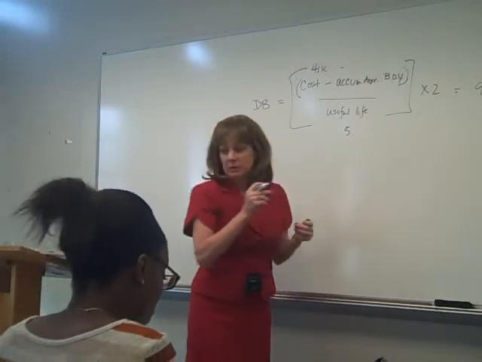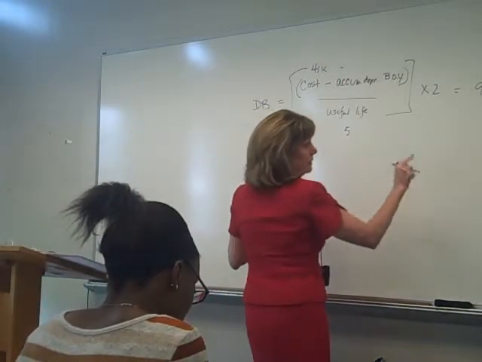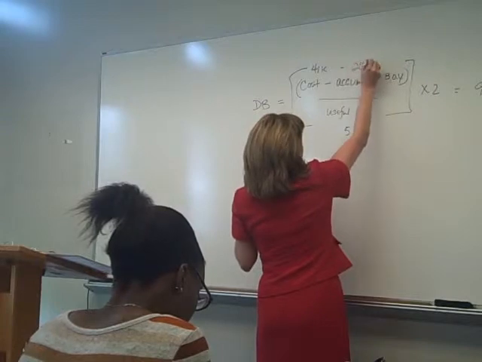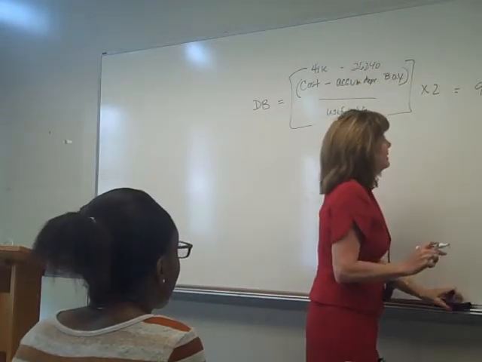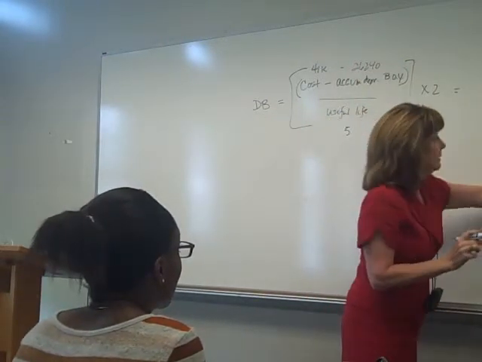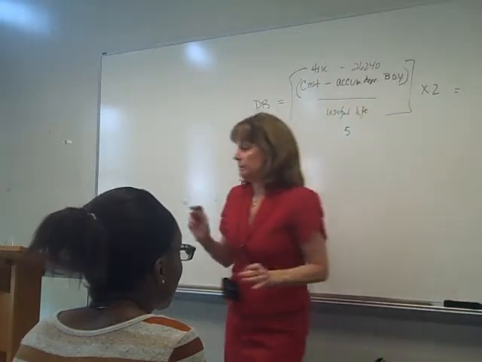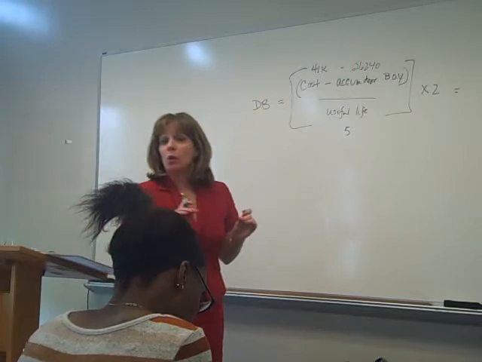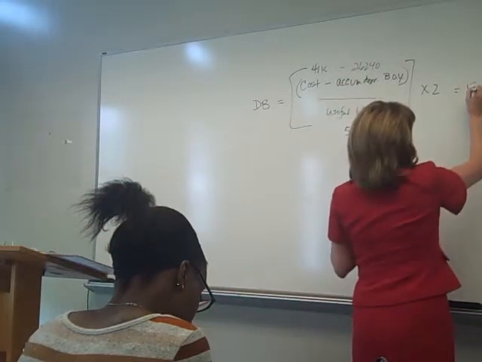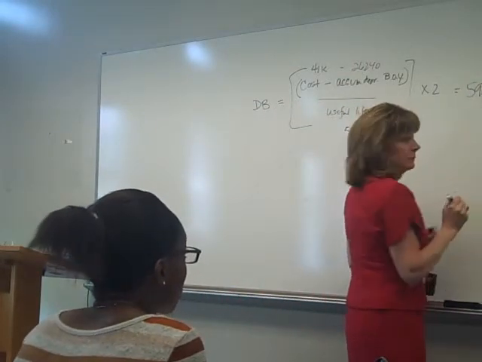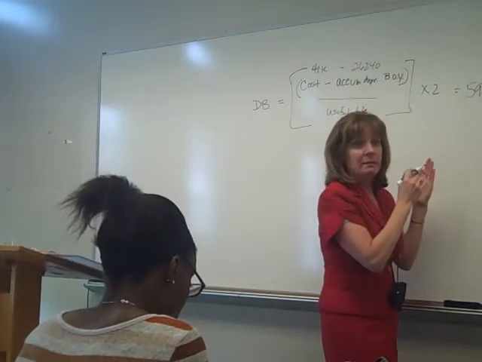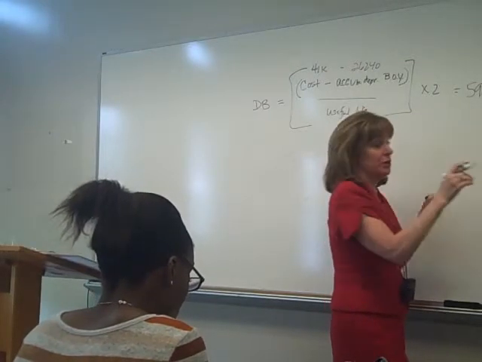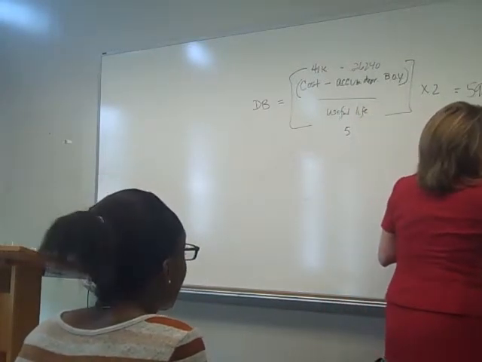So what did I say it was? 26,240. And when I do that, I get 5904. Okay. You with me? And that's my amount. Debit depreciation expense, credit accumulated depreciation, 5904.